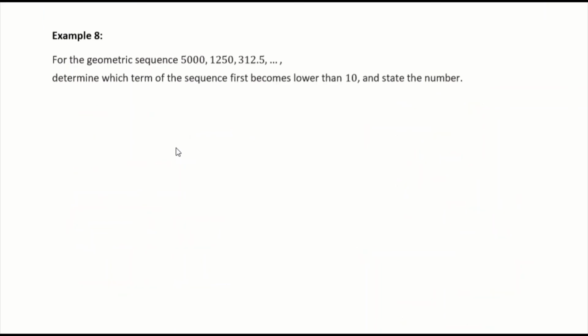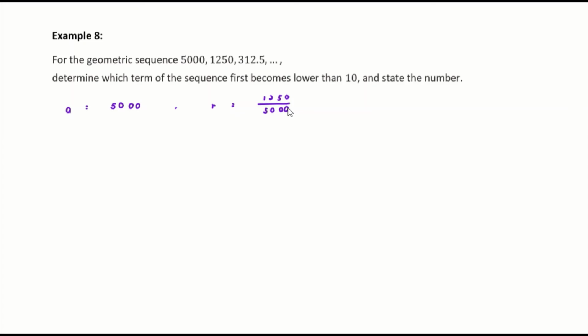Okay, so now example 8. So this is a bit similar, but then the question wants to find out what is a term that first becomes lower than 10. Okay, then state the number. So the same thing in this case, you can see that the A is equal to 5,000. Okay, so when we want to find out our R, it will be any term, then divide by the previous term.